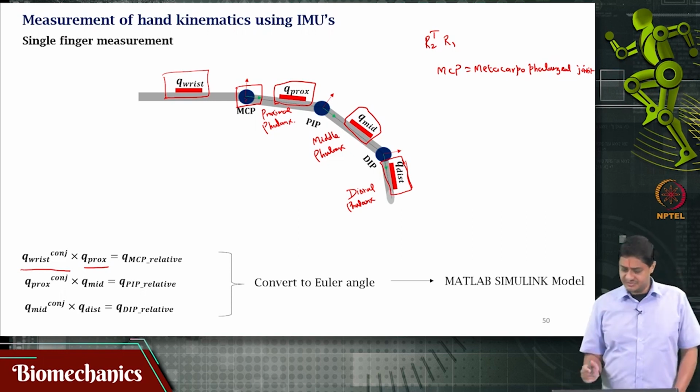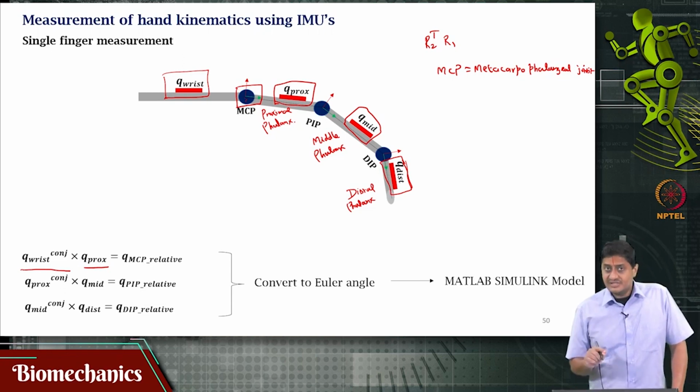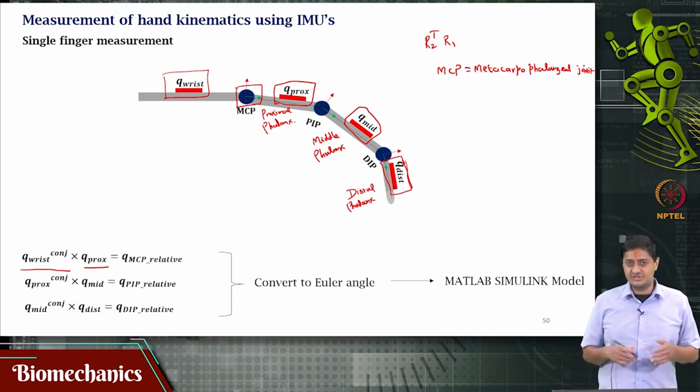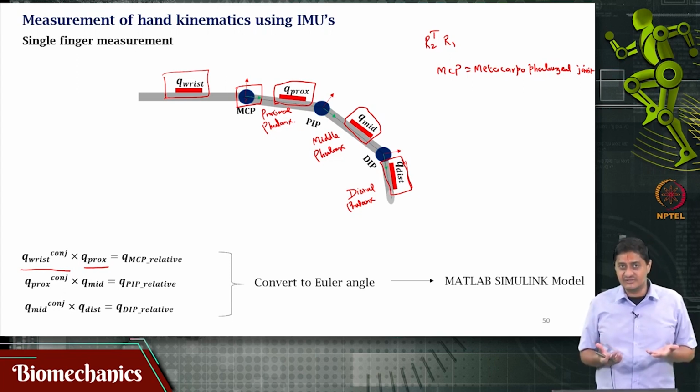And the joint that forms between 2 phalanges, and there are 2 of these joints, where the proximal segment is one phalanx of the finger and the distal segment is the other segment of the finger.